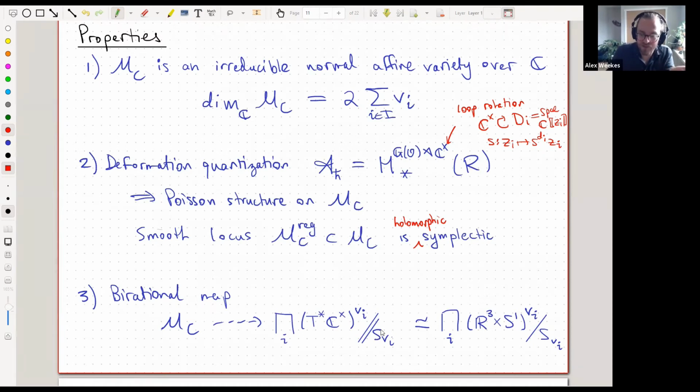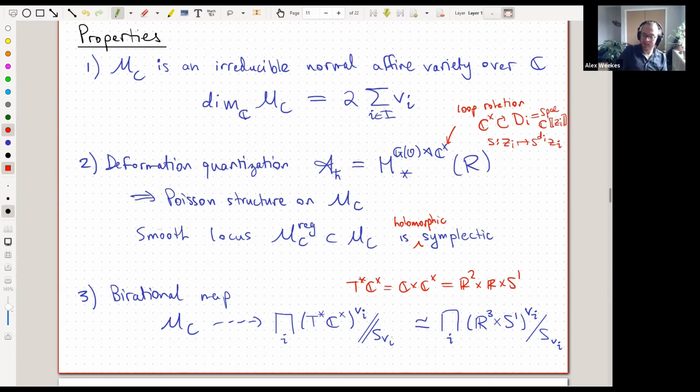This is some very simple space, but it's worth mentioning that each of these factors that we're seeing is just R3 cross S1, because the cotangent bundle of C star is just C cross C star, which looks like R squared cross R cross S1.